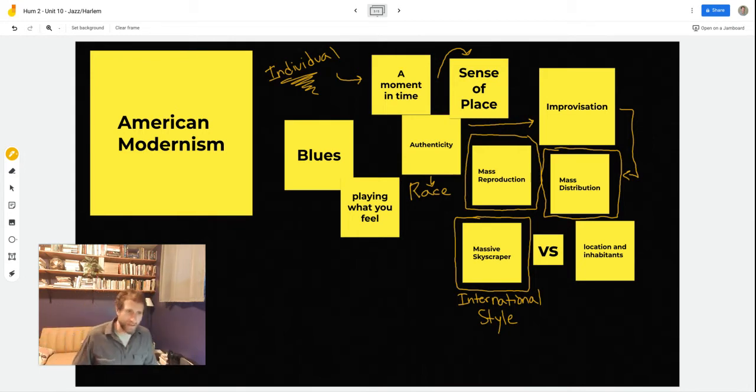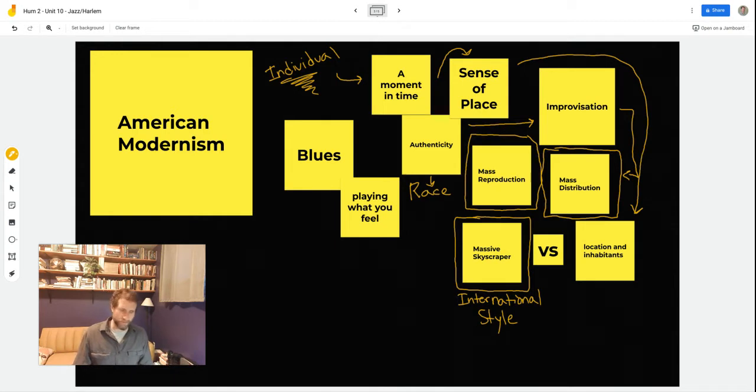Frank Lloyd Wright very much rejected that, even though it was a very popular style and growing and part of modernism. There's also this tension where an architect like Frank Lloyd Wright actually rebels against that style. And instead, in terms of a sense of place, he believes that architecture must represent the location or the landscape in which the building is placed.